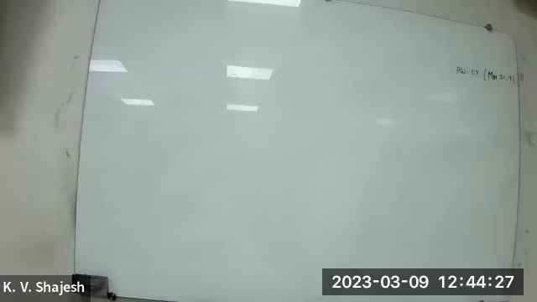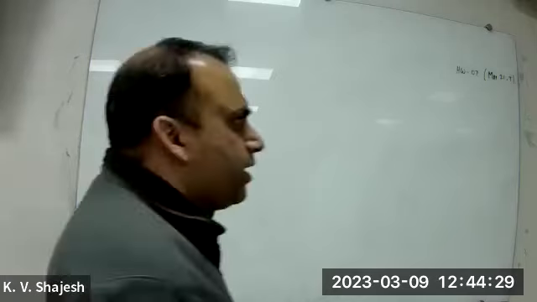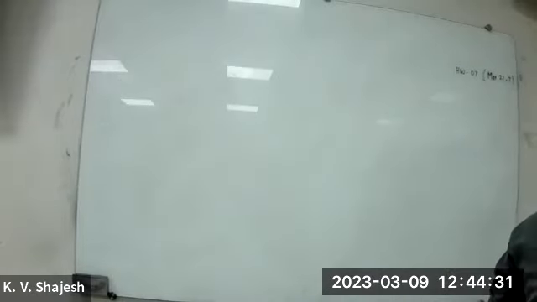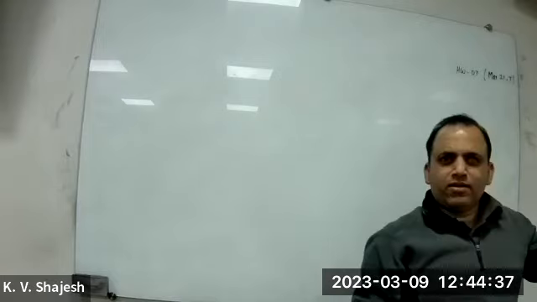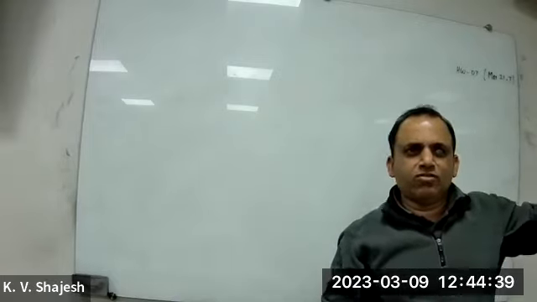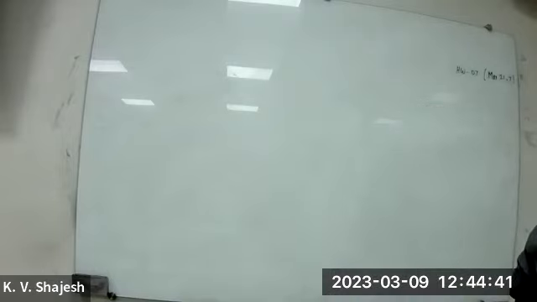For example, if there is a particle that's moving with velocity v, it will create a magnetic field. Is that clear? This is like a current here, so it should create a magnetic field in this sense, right?